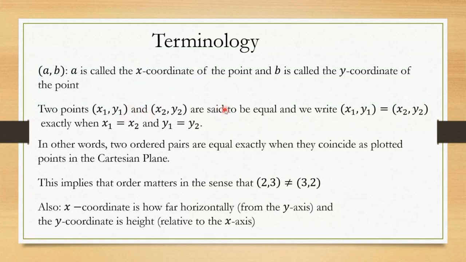Another way of saying that is 2 points in the Cartesian plane are equal exactly when they coincide. If you plot 2 points in the Cartesian plane, it's the same point exactly when they overlap each other. One's directly on top of another.